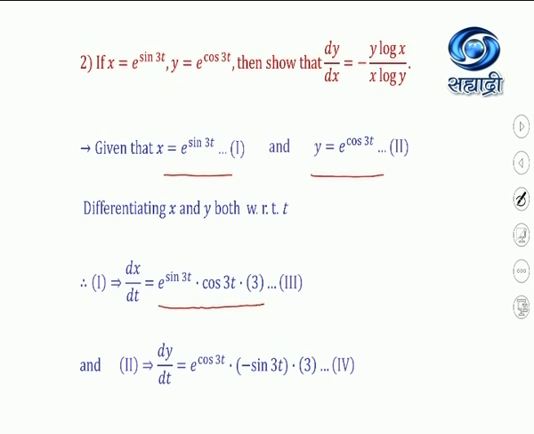Now number 2 implies, we take the derivative, dy by dt equals the same: e to the power cos 3t, the derivative of cos 3t is minus sin 3t, and the derivative of 3t is 3. By using the chain rule we denote it by equation 4. But dy by dx equals dy by dt upon dx by dt. We put these values of dy by dt and dx by dt from 3 and 4, we get this.